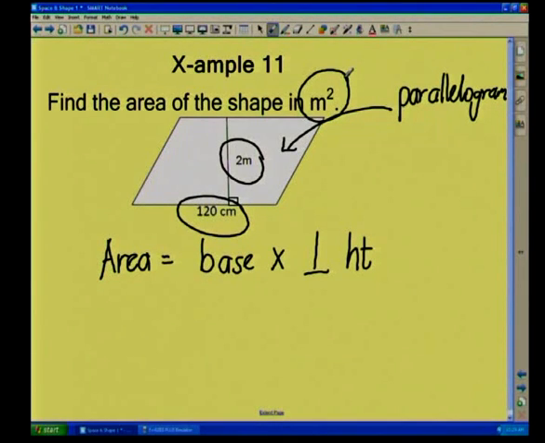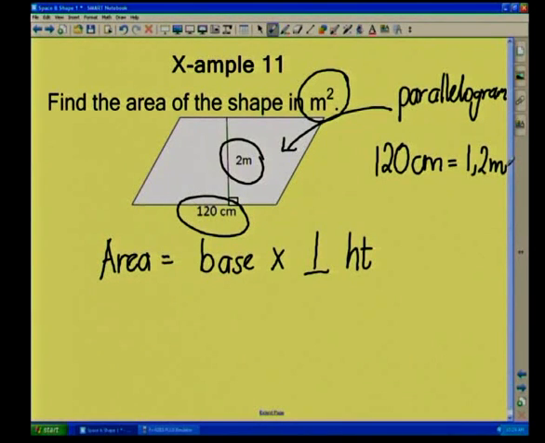So I know that 120 centimeters is equal to 1,2 meters, because 100 centimeters is equal to a meter, so therefore I need to divide by 100 to change from centimeters to meters.